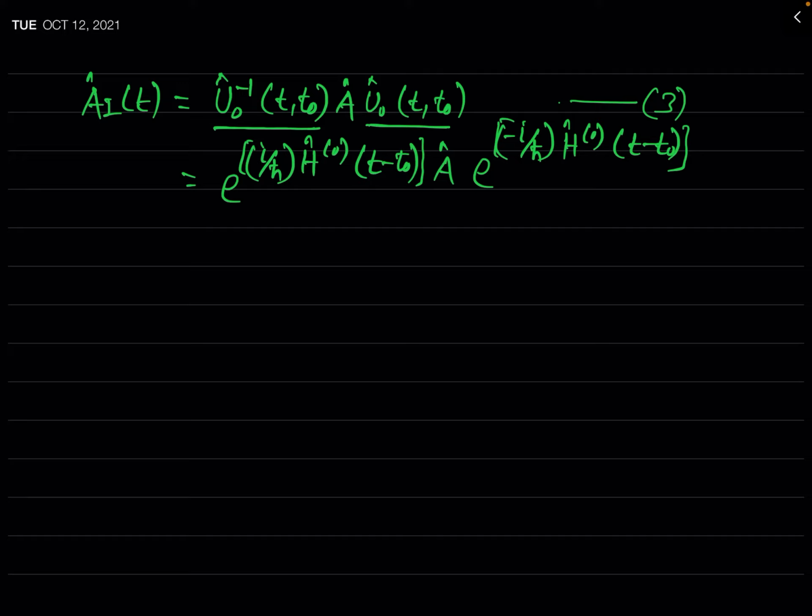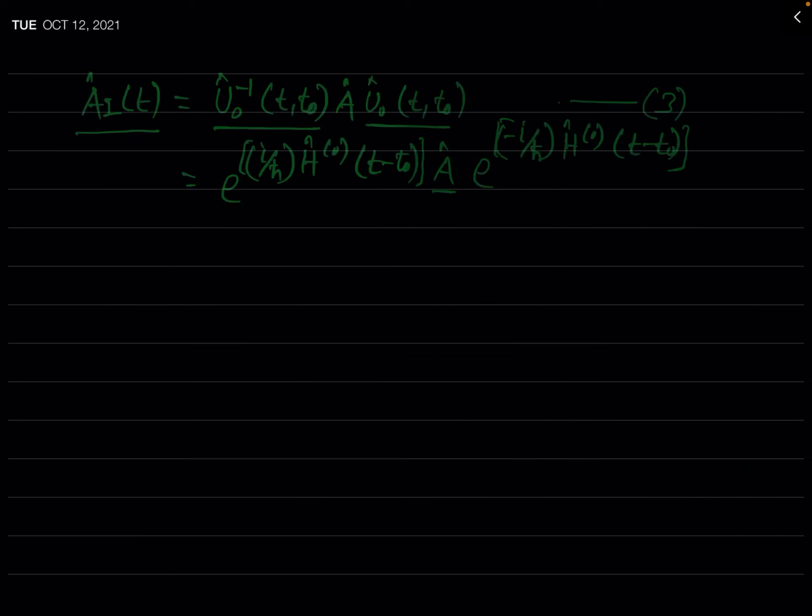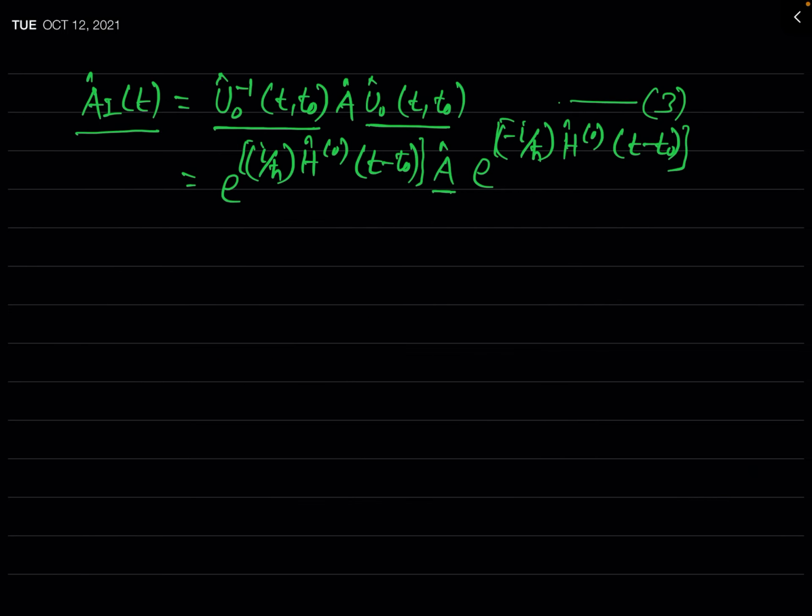So in this way we have defined the operator in interaction picture in terms of the operator in Schrodinger picture, and also the state vector psi I of t in interaction picture in terms of the state vector psi of t in Schrodinger picture. Now in Schrodinger picture, you know the equation of motion is simply the Schrodinger time dependent equation.